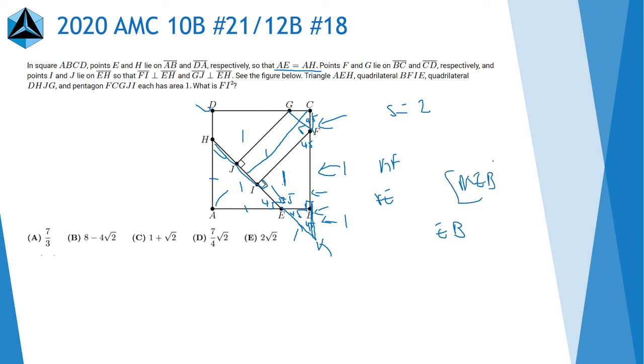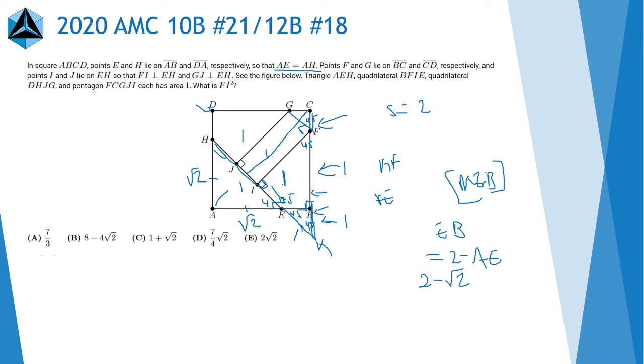Well, to find EB, we would want to find AE, because EB is equal to 2 minus AE. We know that the area of triangle AEH is 1, which means you can find the side lengths pretty easily. Since it's an isosceles right triangle, it's going to be root 2 and root 2, because if you multiply those, it's 2, divided by 2, it's going to be 1. So AE is actually equal to root 2. So we actually know what EB is. It's 2 minus root 2.